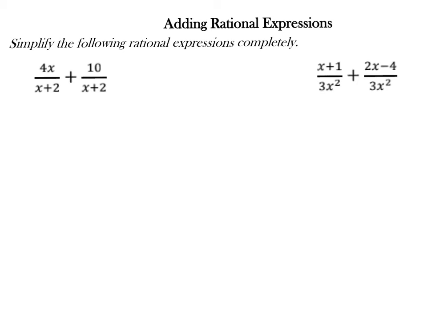All right, so notice how here we start with these examples where we have common denominators. So there's nothing to do other than combine the numerators and simplify our fractions. In the first example, we have 4x plus 10, divided by x plus 2.